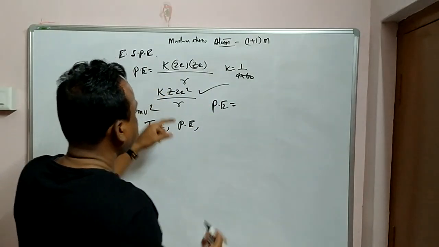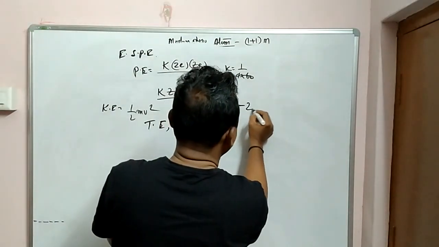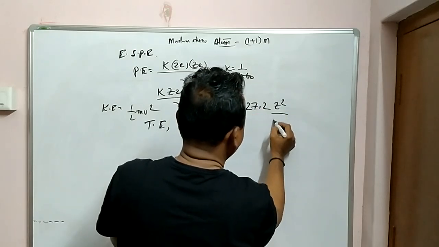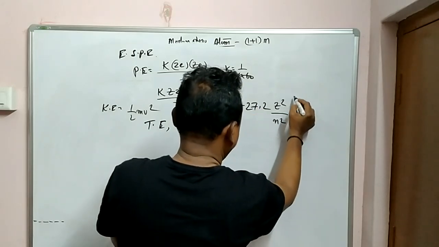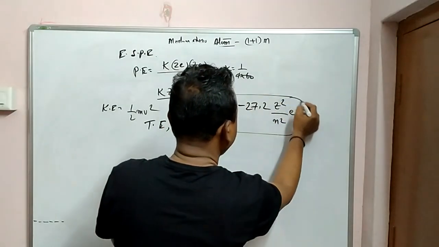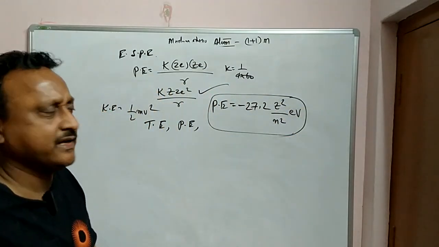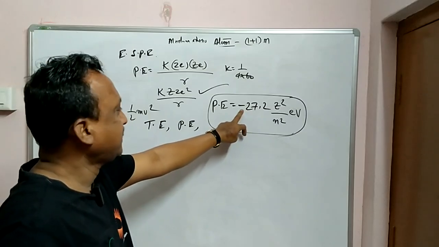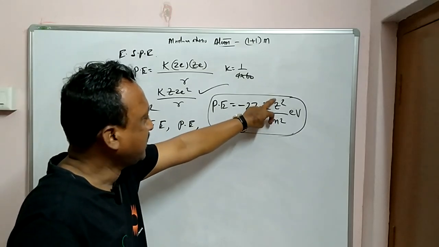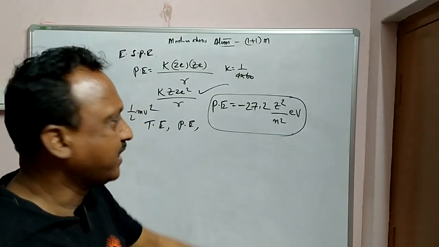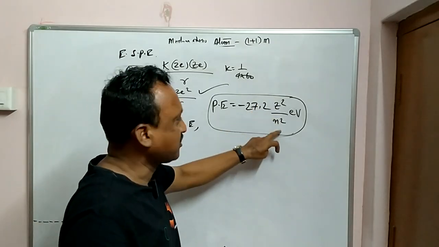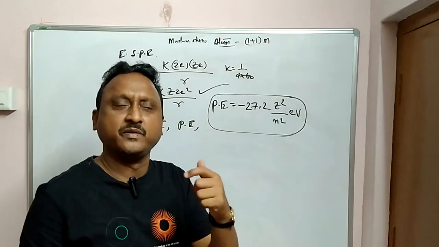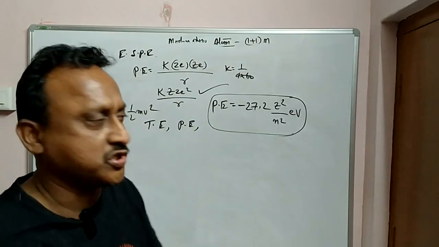So when you substitute the value, you will get around minus 27.2 Z square by N square electron volts. This is the final value of potential energy. Z is atomic number, N is orbit number, and in electron volts. Already I told you, electron volt is used in modern physics, not joules.